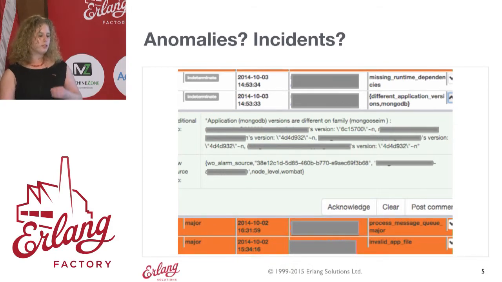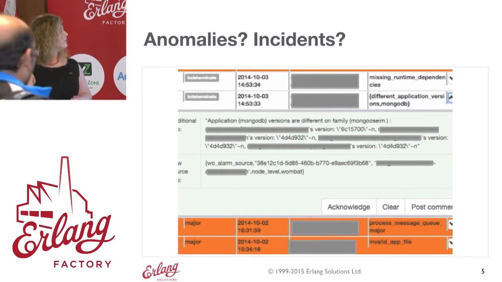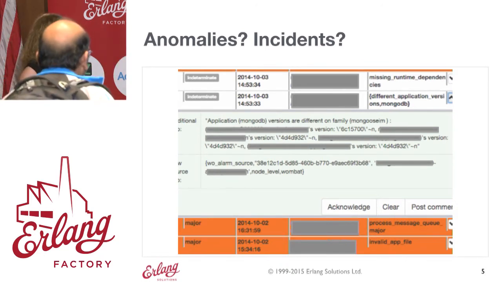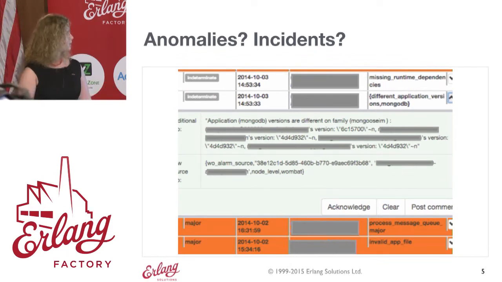Consider how big the surprise would have been if this had turned out on live. And considering that detecting the root cause is not straightforward, thank you, Wombat. Wombat told us about this problem as an alarm.